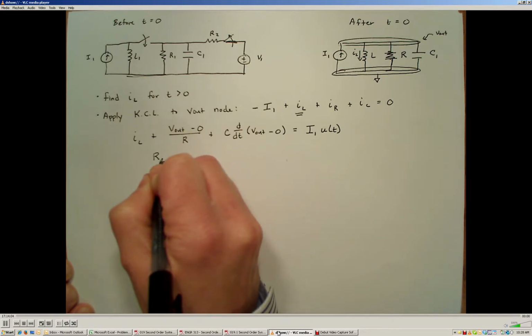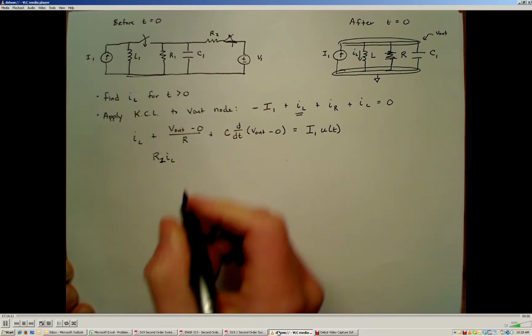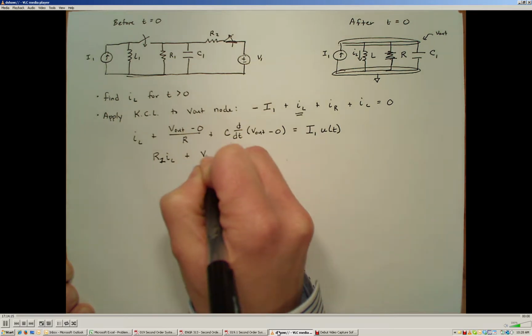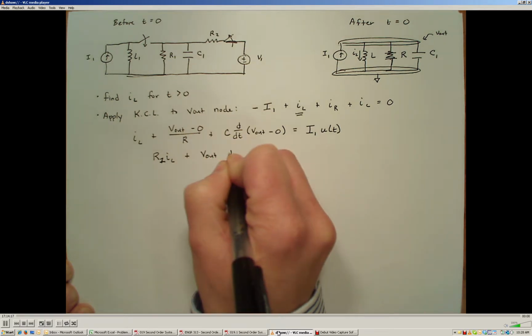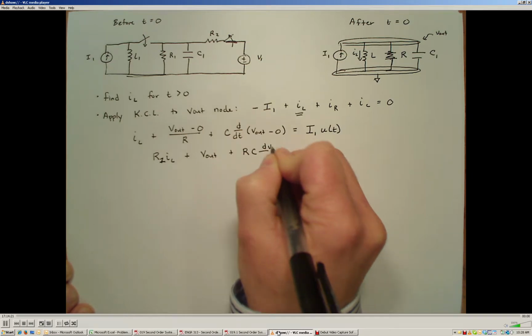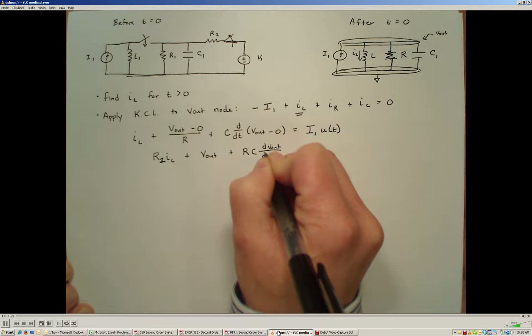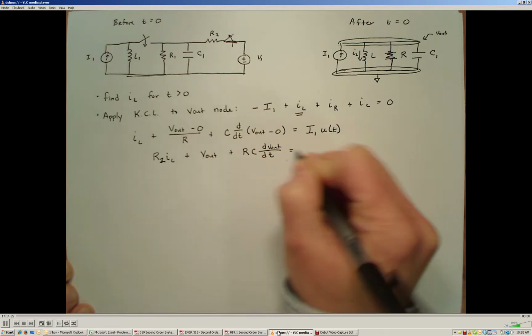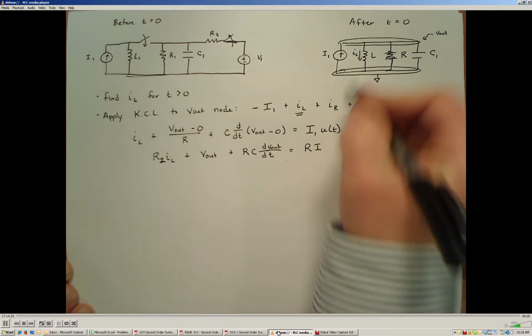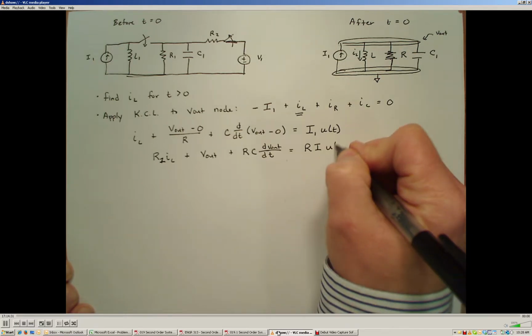R1 times the current IL, that's a 1 right there, plus V out plus RC times dV out dt is equal to R times the current supplied by the current supply times the unit step function.